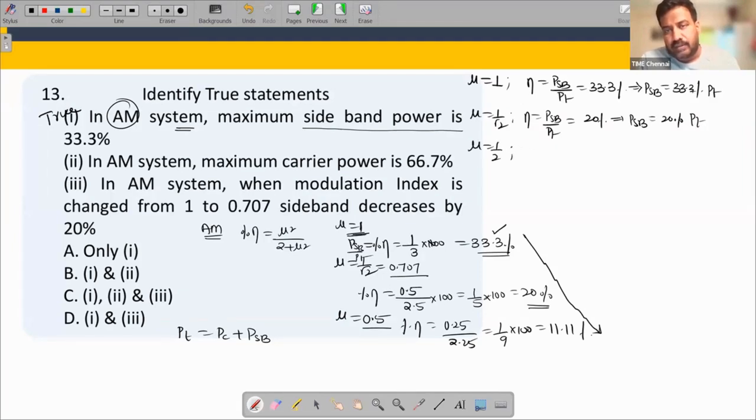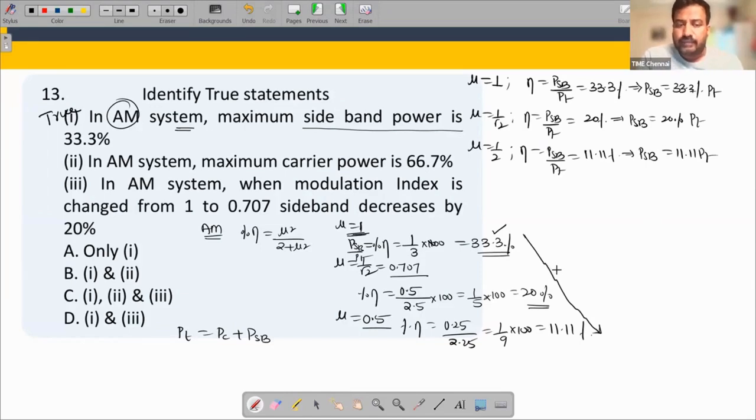Similarly, when mu is 1 by 2, eta sideband power by total power is 11.11%, implies sideband power is 11.11% of total power.